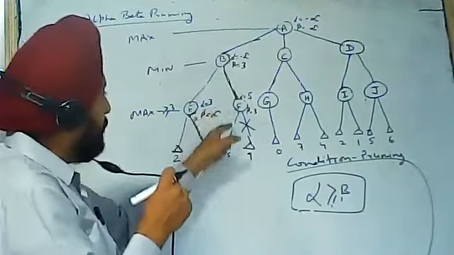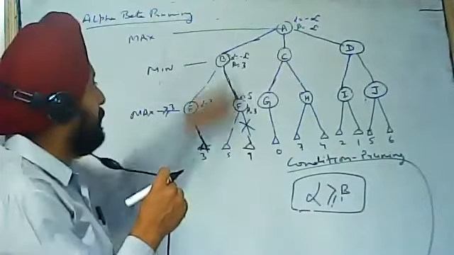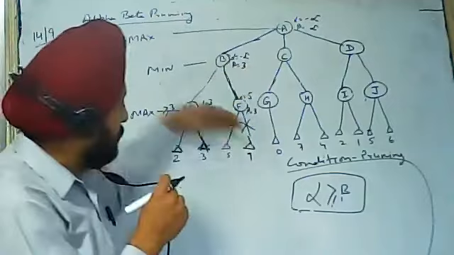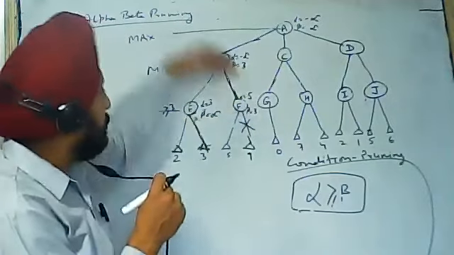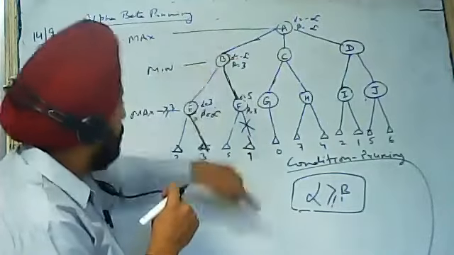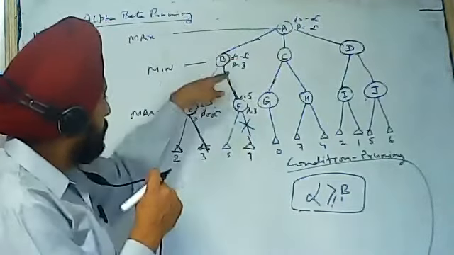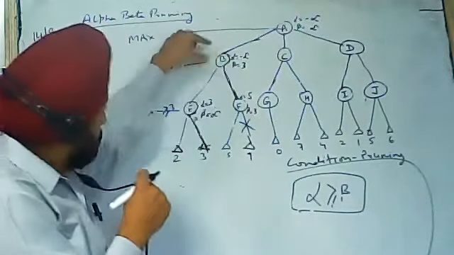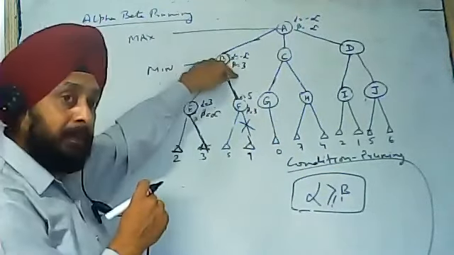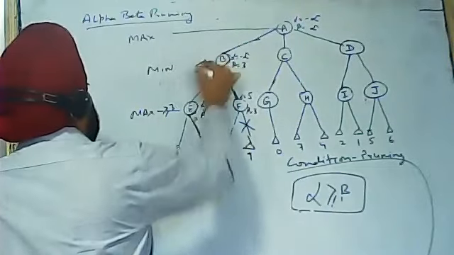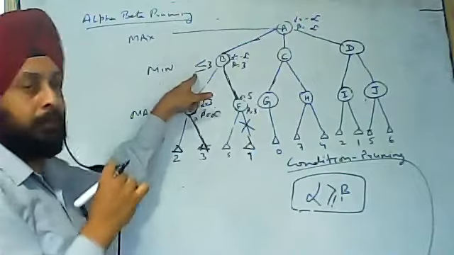But whatever the case, between 5 and 9, 3 was better. So after 5 and 9, nothing better can come from this side, because this branch will always give a value greater than 3, and we want a value less than 3. So the minimum value it can have is less than or equal to 3.